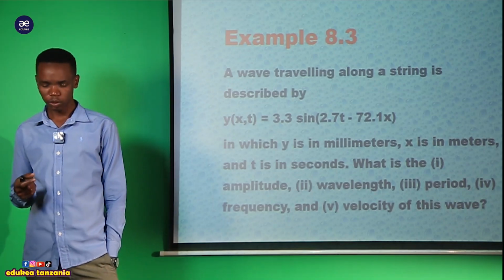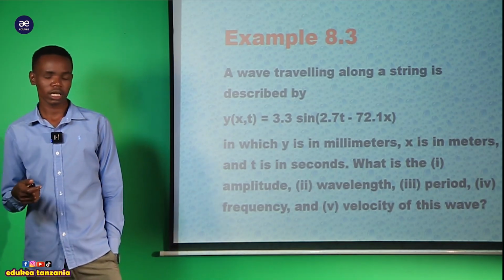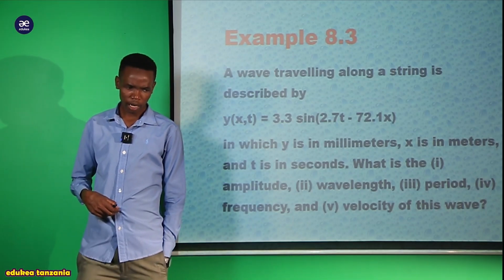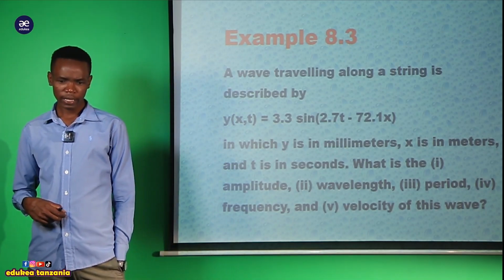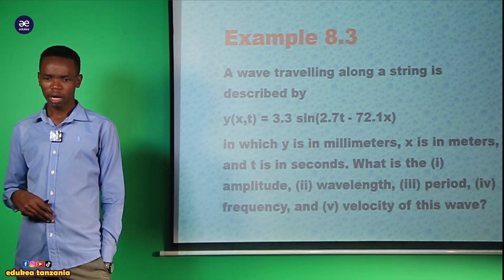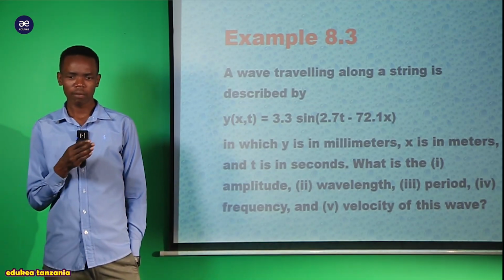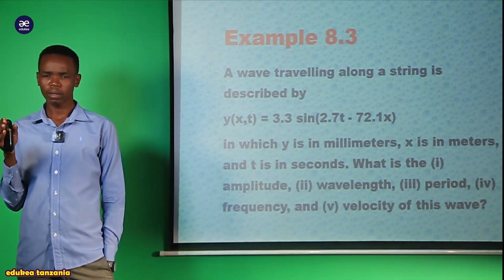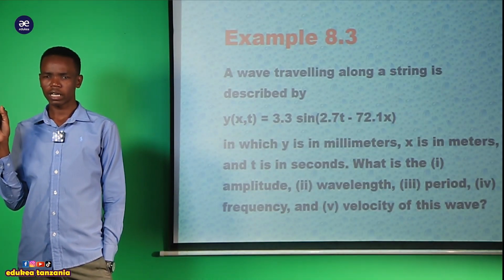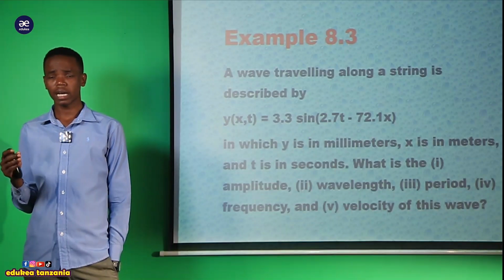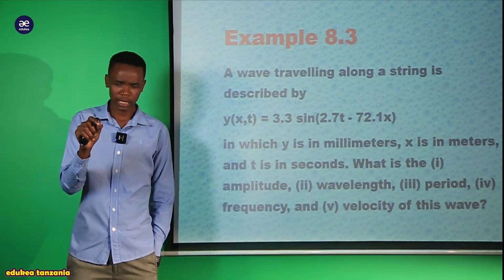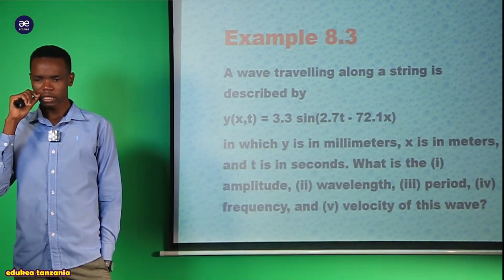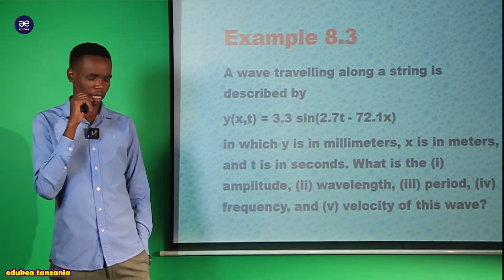After that, the wave velocity is equal to plus or minus w divided by k, where k is the wave number, while w represents the angular velocity. This is what we demonstrated in the last discussion.